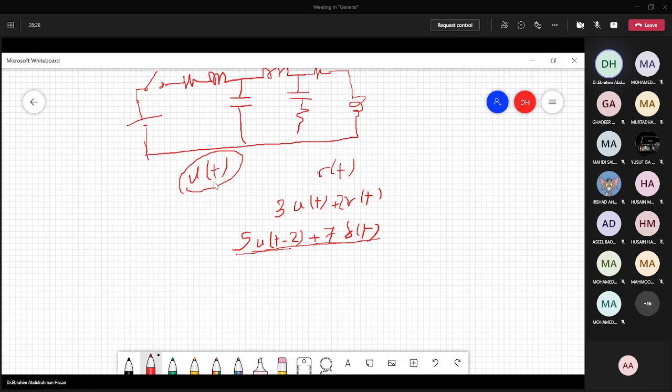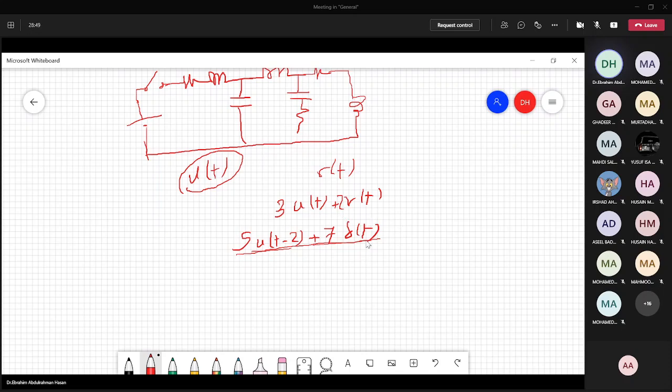If we have u of t scaled by 5, we just multiply it by 5. So if we scale the input by 5, then we scale the output by 5, because it is a linear system. If we shift the input, then the same shift we will get in the output.